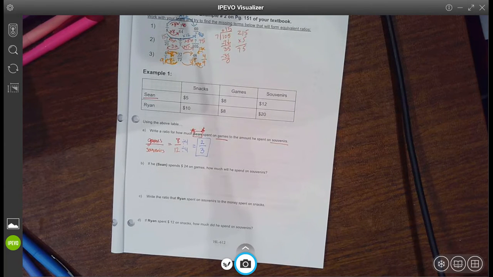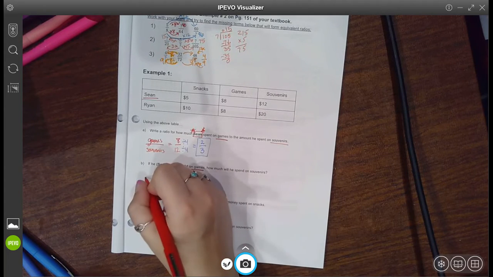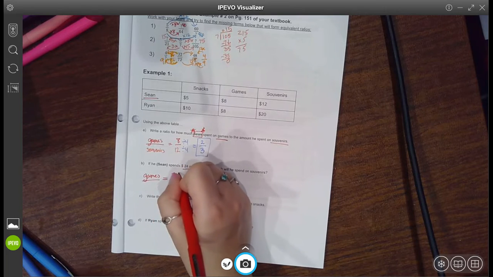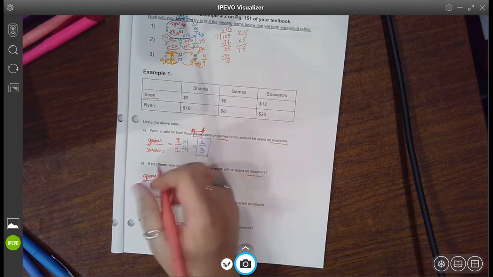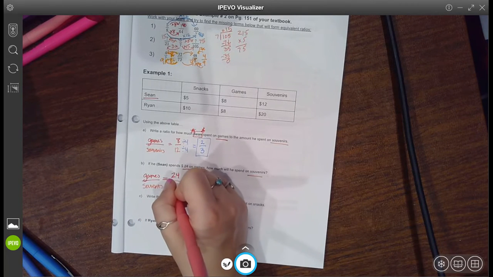Okay, now for the next one, they said if Sean spent 24 on games, okay, so games, and let's have that be 24. How much will he spend on souvenirs? We don't know.